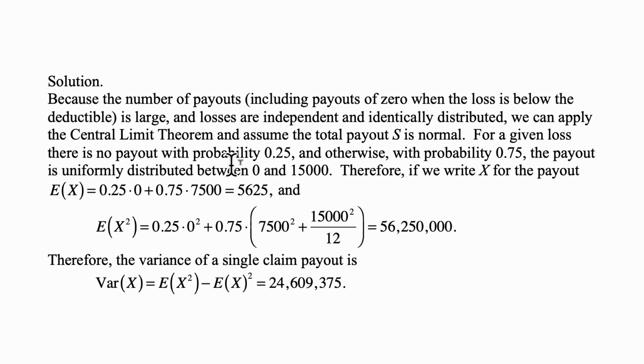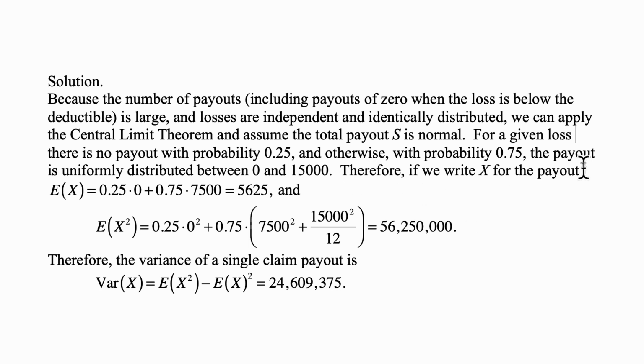For a given loss, there is no payout with probability 0.25, or a payout of 0, and otherwise with probability 0.75, the payout is uniformly distributed between 0 and 15,000, because the loss itself is uniformly distributed between 0 and 20,000, but we subtract the 5,000 deductible.